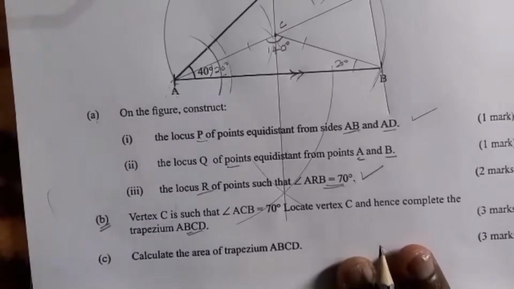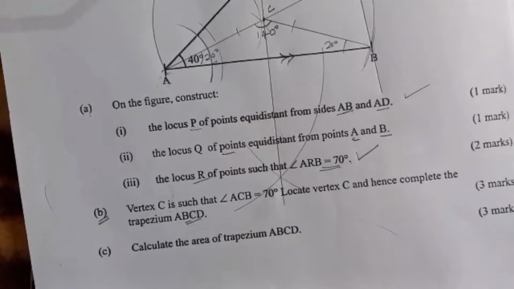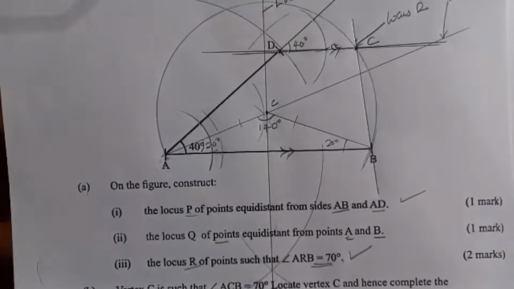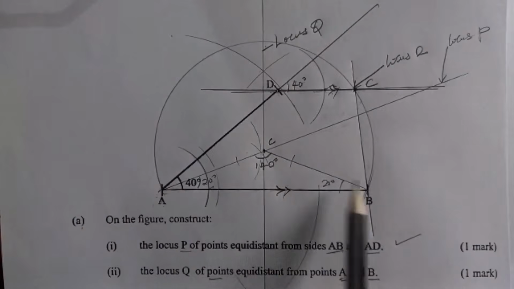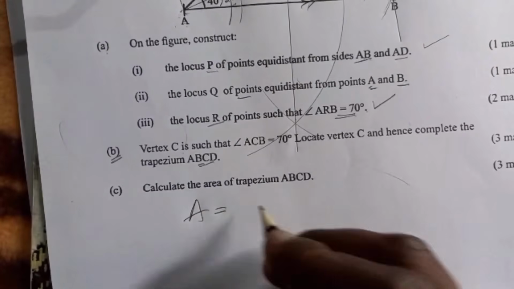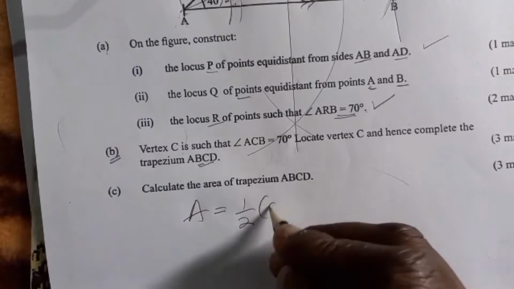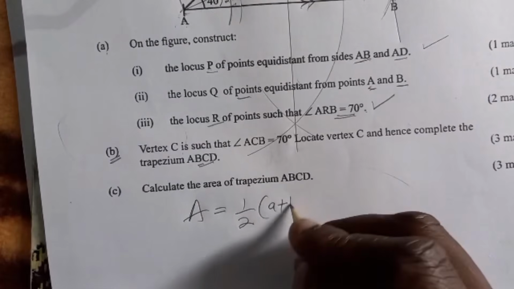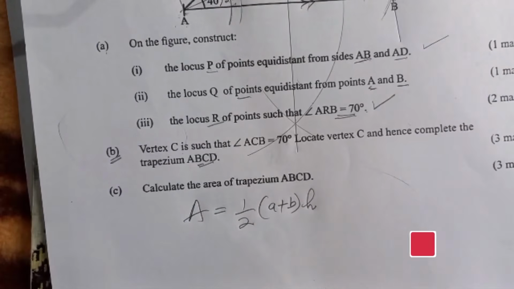The next question is calculate the area of trapezium ABCD. Now we need to get the area of this trapezium ABCD. How do you get the area of a trapezium? Area is given by half multiplied by the sum of the two parallel sides times the height.